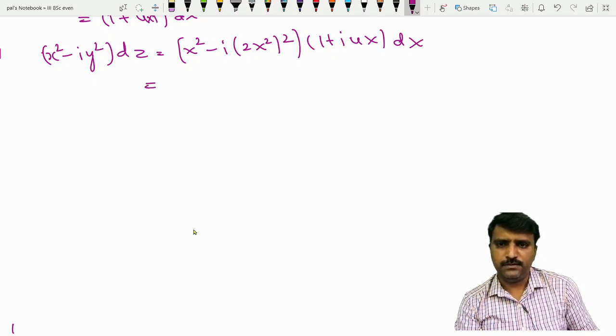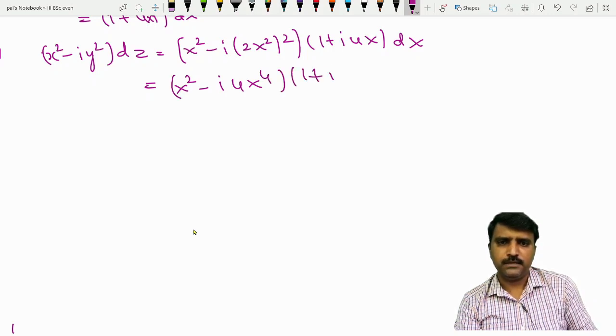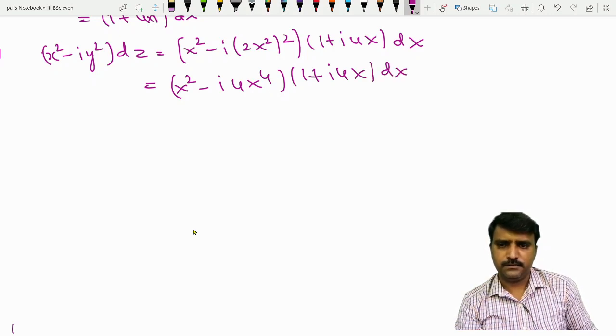Go on simplifying this. It is x square minus i into 4x to the power 4 into 1 plus i into 4x into dx.